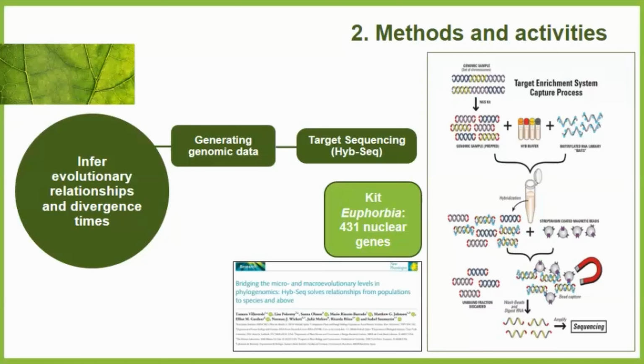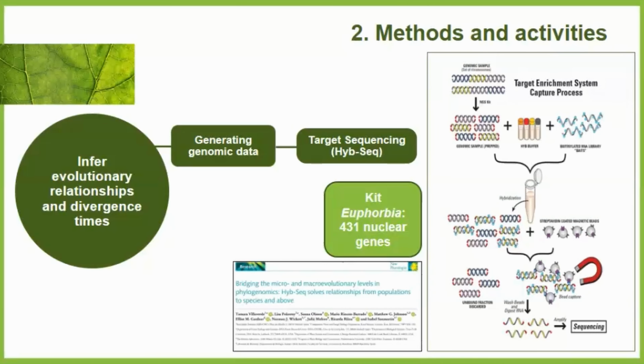That is a different kind of approach from the whole genome sequencing that you may know, and we are using the Euphorbia bait kit that includes 431 nuclear genes. They are different from the ones included in the angiosperm kit; they only match in a really small percentage.